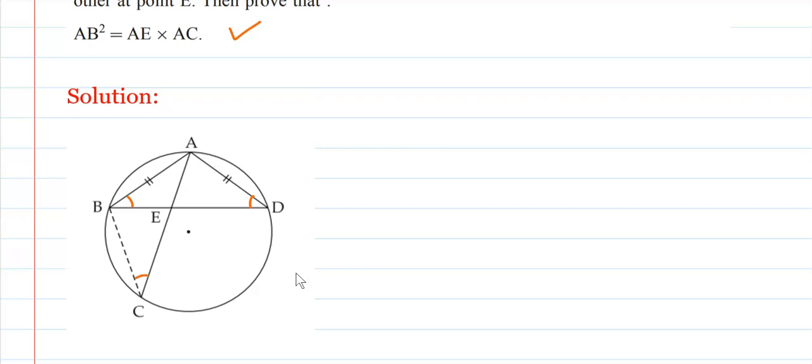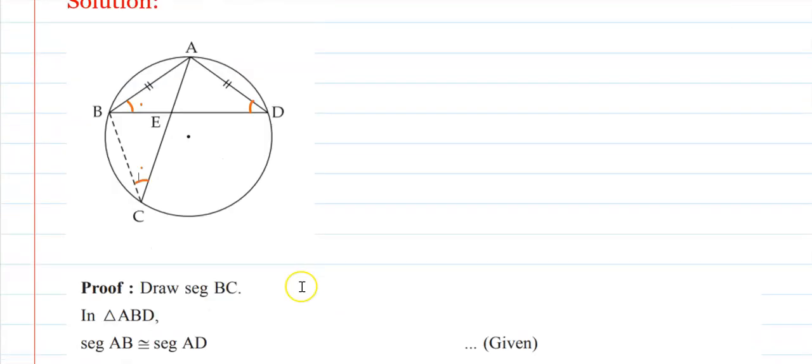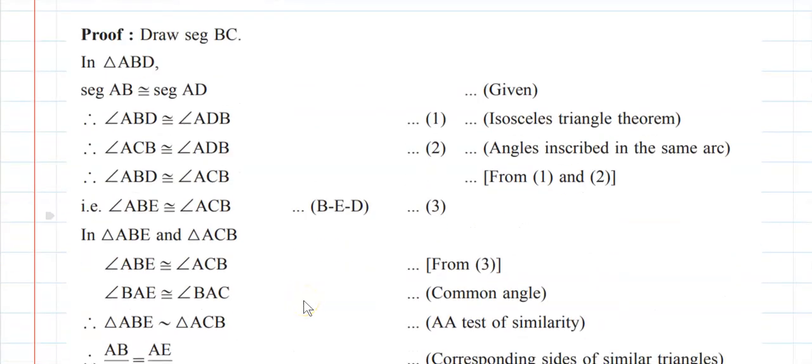Therefore these two are also equal, and hence in triangle ABE and in triangle ACB, the angle ABE is congruent to angle ACB. Okay, and then we consider the two triangles. These are inscribed in the same arc. Therefore, the angle ABD is congruent to angle ACB. That is, the angle ABE is congruent to ACB.